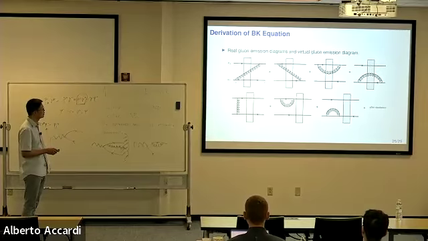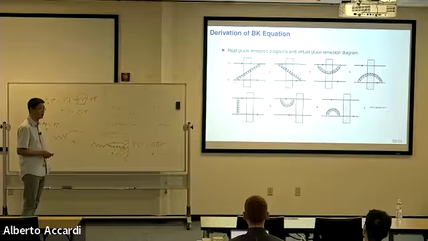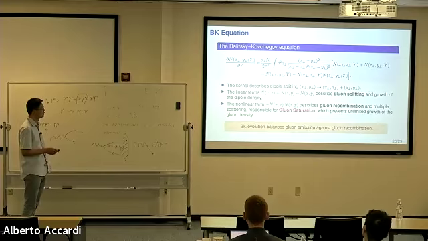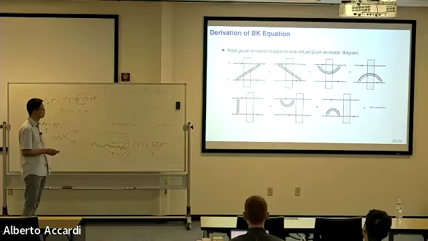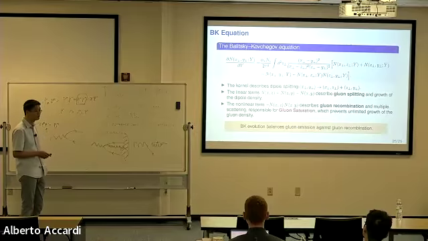That integration is there because when you radiate the gluon, the transverse position of the gluon can be at any transverse position here. So you need to integrate over all the positions of that gluon. That z is the transverse position of the radiated gluon.